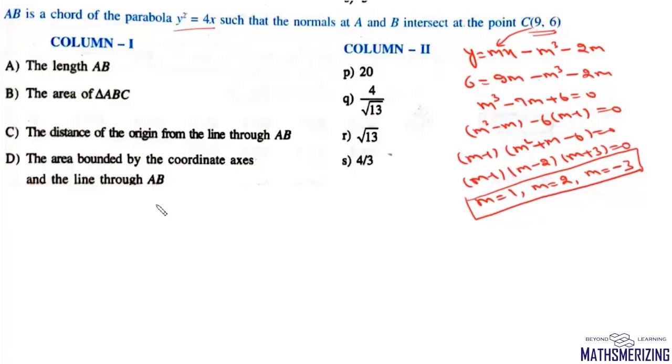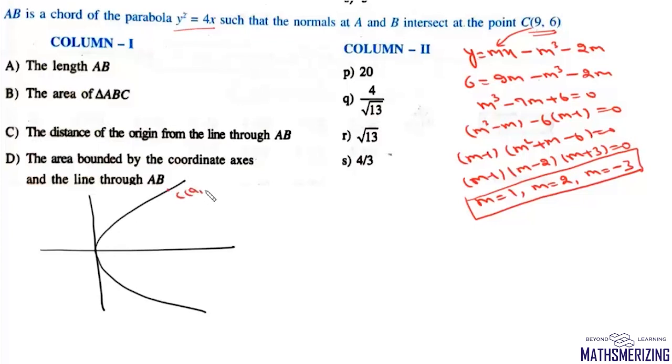So now we have this parabola which is y square equals 4ax. And then we have this point C which lies on this parabola. And then we have these feet of normals. So we can find feet of normals which are am square, minus 2am. Now here the value of a is 1. So if m is 1, we'll get this point as (1, minus 2).